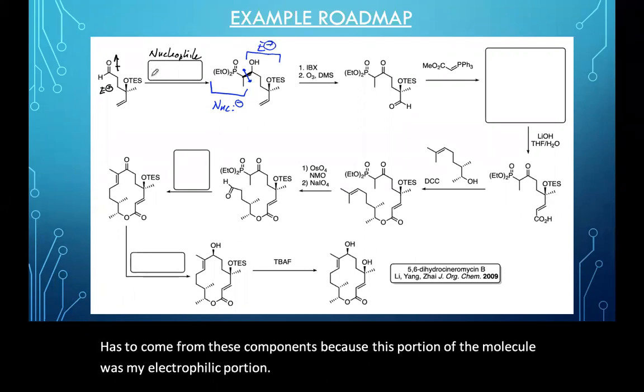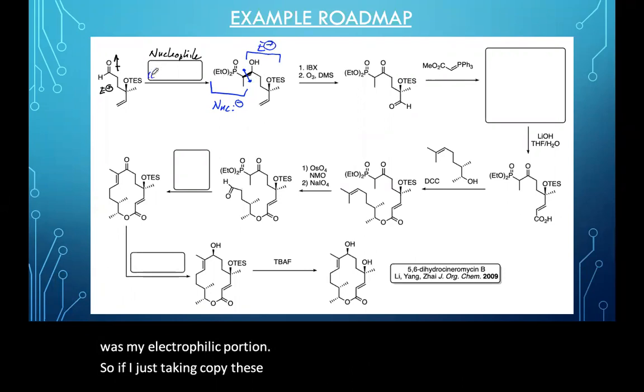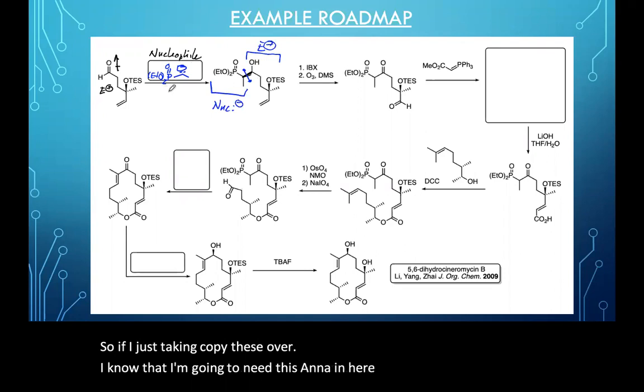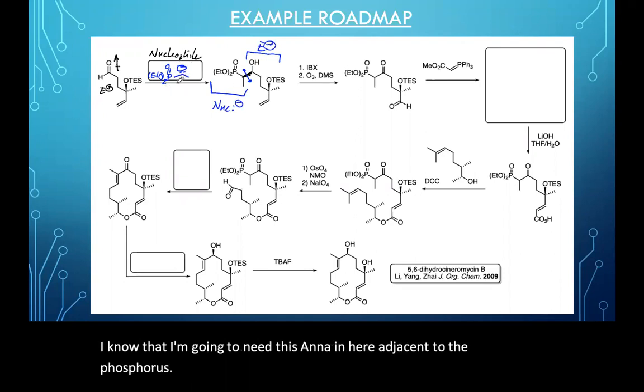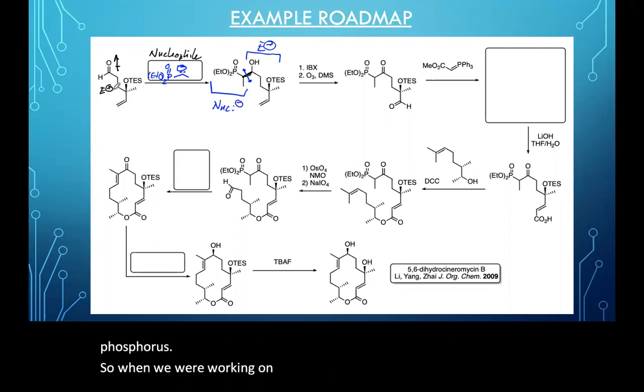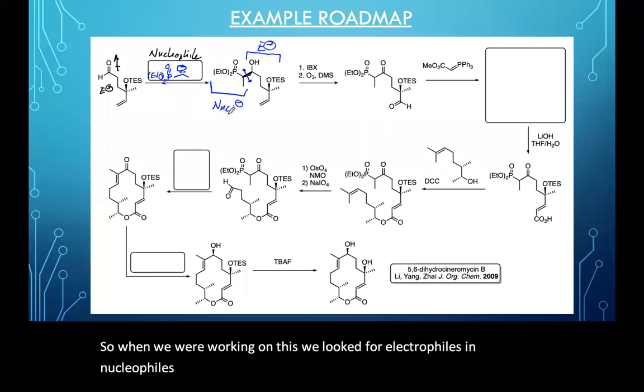So if I just take and copy these over, I know that I'm going to need this anion here adjacent to the phosphorus. So when we were working on this, we looked for electrophiles and nucleophiles. We looked at highlighting or identifying the bonding changes.